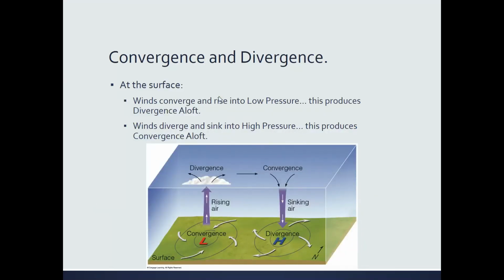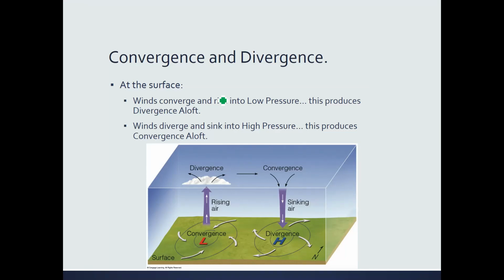Now, the last thing I'm going to talk about in this lecture and in this module is convergence and divergence. So, convergence occurs near low pressure. Remember, winds blow from high pressure to low pressure. As a result, winds are blowing towards, that means into, low pressure. Once these winds reach the center of the low pressure, they converge.